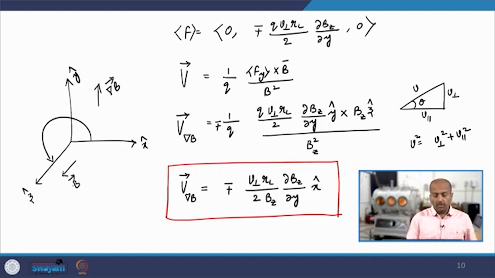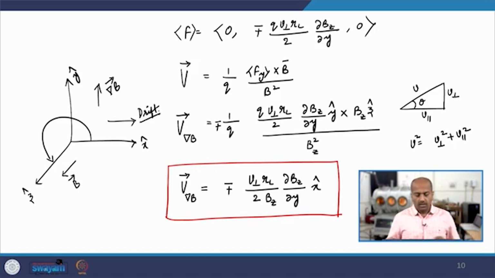Now, the drift is perpendicular to both these, and this is the direction of the drift. So, this is what you have to actually understand. Of course, this is very clear since the beginning, because we have a cross product and we can only expect the gradient drift to be perpendicular to both the physical parameters involved in the cross product. So, this is where we stop. This is an expression for the gradient drift velocity.